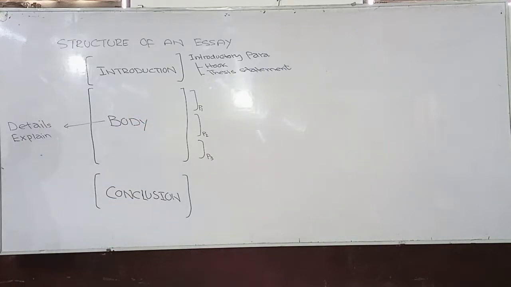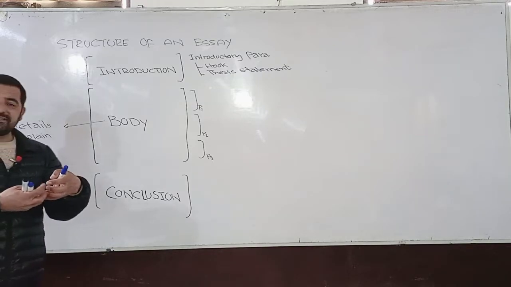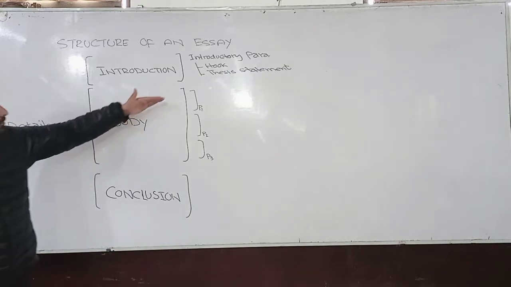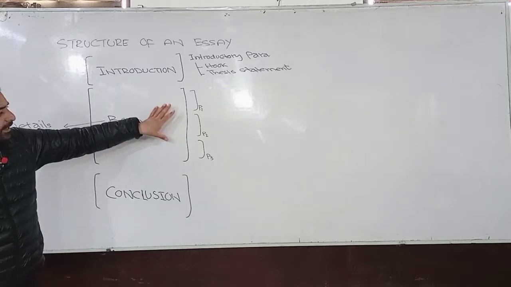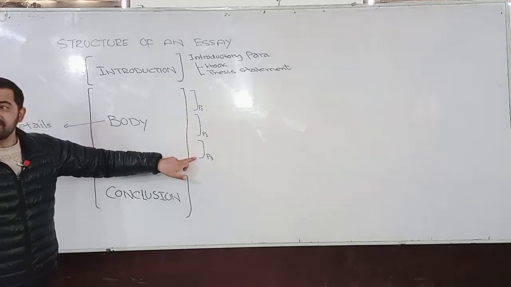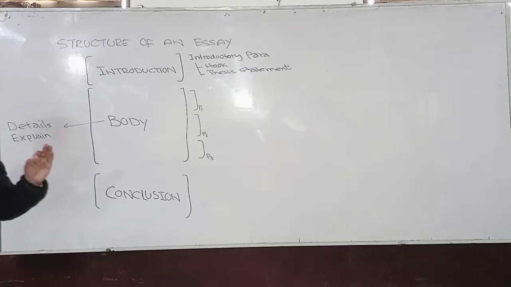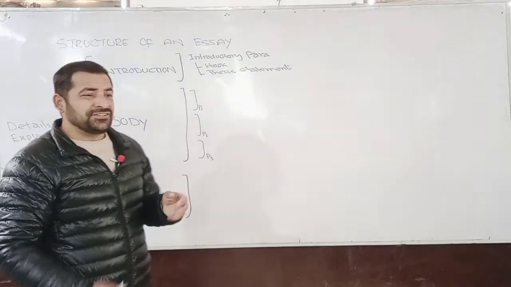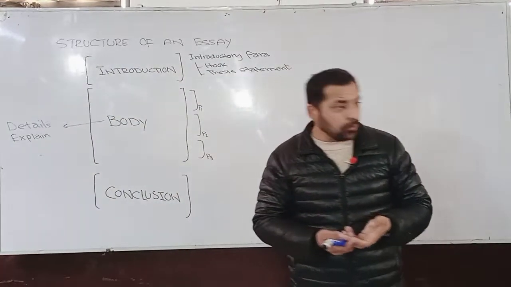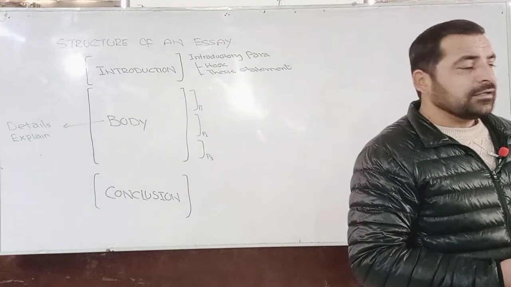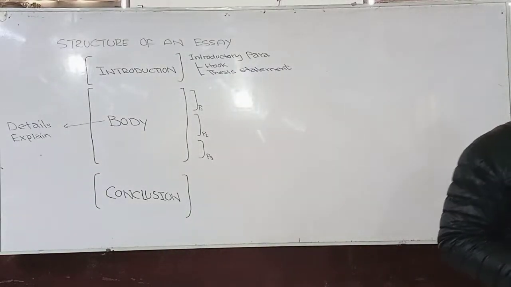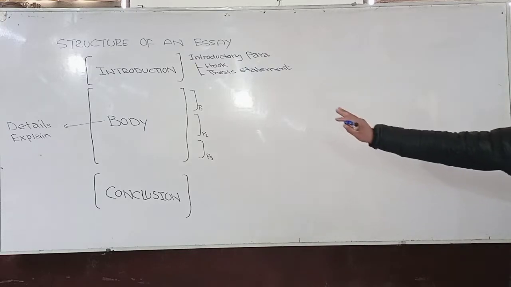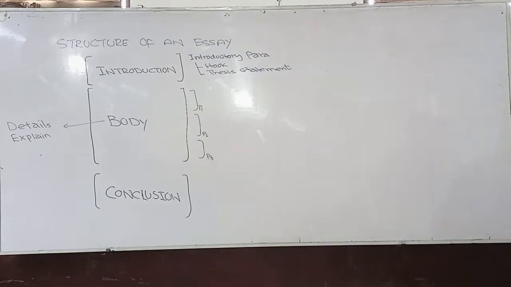Now what happens in the body of an essay? The body of an essay is further divided into paras. I have listed 3 paras here. It doesn't mean that an essay has just 3 paras in the body. No. If you are attempting a high school essay, 3 paragraphs in the body is fine.